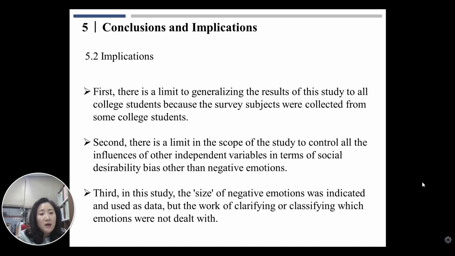Second, there is a limit in the scope of the study to control the influence of other independent variables on social desirability bias other than negative emotion. Third, in this study, the size of negative emotion was indicated and used as data, but the work of clarifying or classifying which emotions was not dealt with.